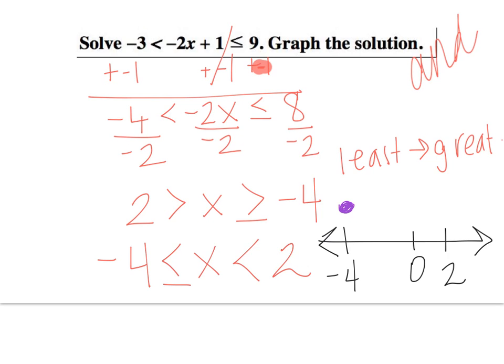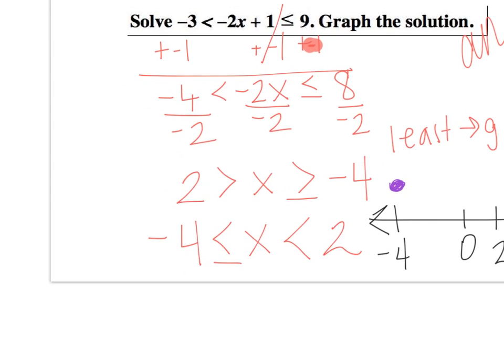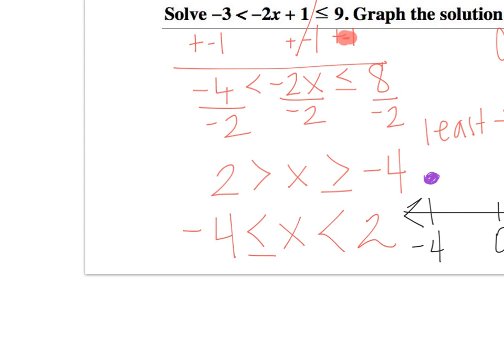So the big takeaways here: the first is that we need to isolate x, and we do that to both sides.